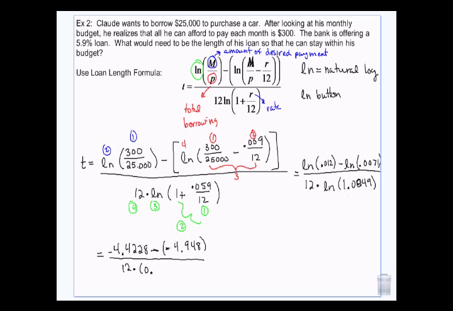Hold on. I put my decimal in the wrong place. Too big. So I'm going to 12 times 0.004888 stuff. Okay, minus a negative becomes a positive, so I have 4.94888 minus 4.4228, and I get 0.52608.